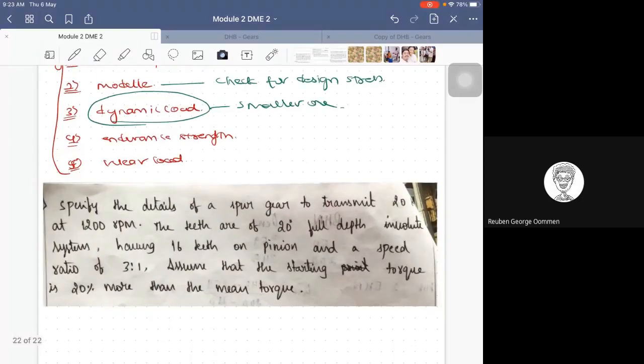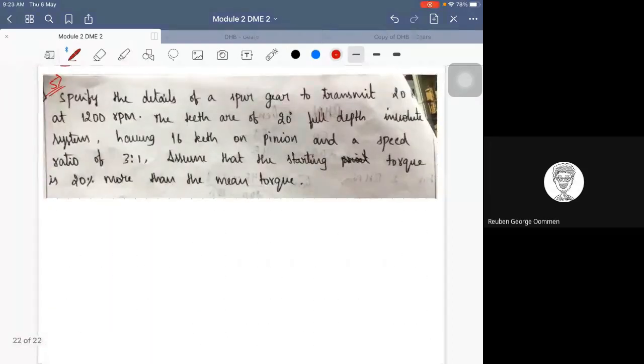Okay, this is problem number 5, I guess. Take this problem and just write the given data.